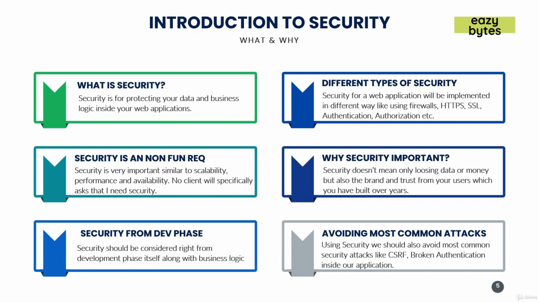When I say security, there are different types of security on how we secure our web application. We'll have firewall configurations inside our network. If it is an internal application, we make sure no one is able to access it from the outside world by putting some firewall restrictions. That is one kind of security. At the same time, we also use HTTPS and SSL certificates to make sure that no one is tampering with the data when a client is sending data to the backend server.